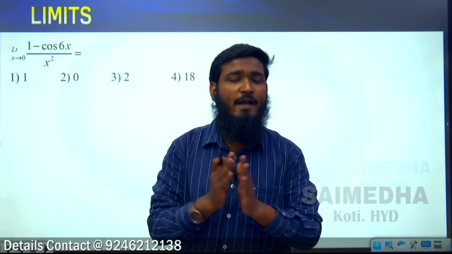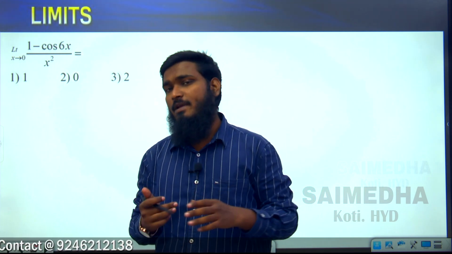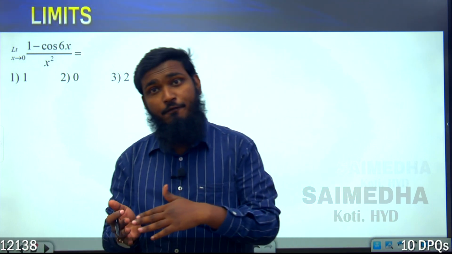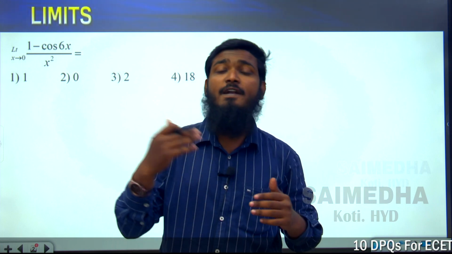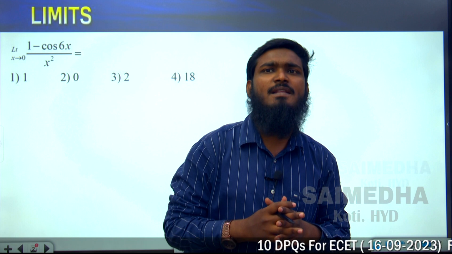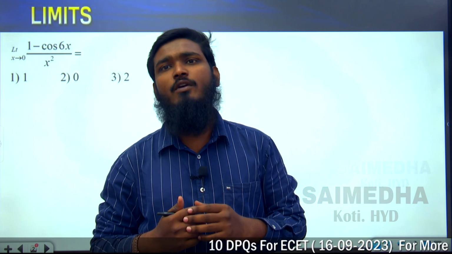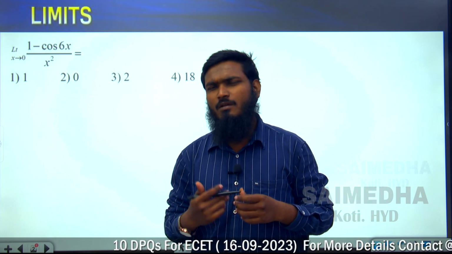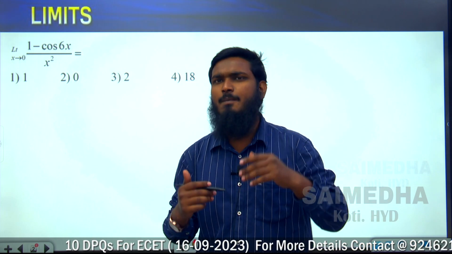If we do not get a finite answer and get an indeterminate form like 0 by 0, infinity by infinity, 0 into infinity, 0 power 0, infinity power 0, or 1 power infinity, then we go for some simplification and changes in the question, and then apply the limit.